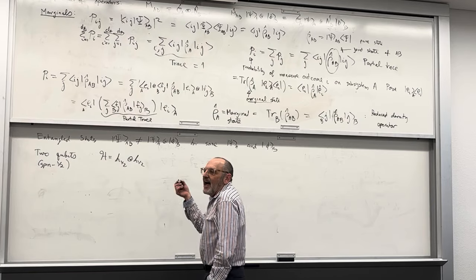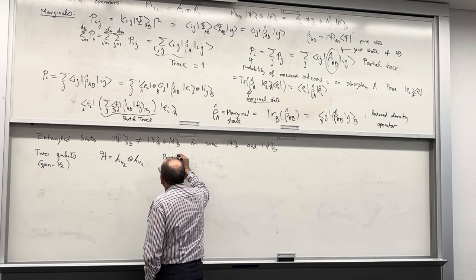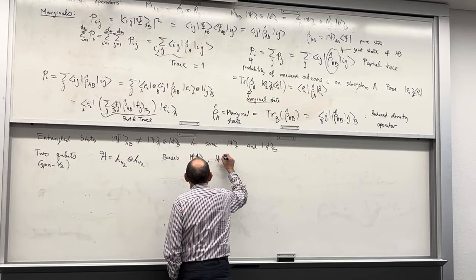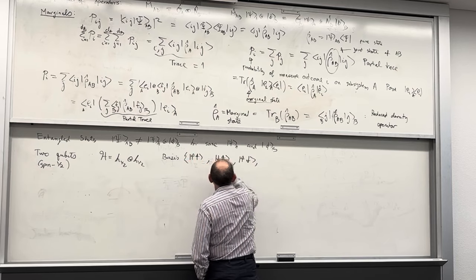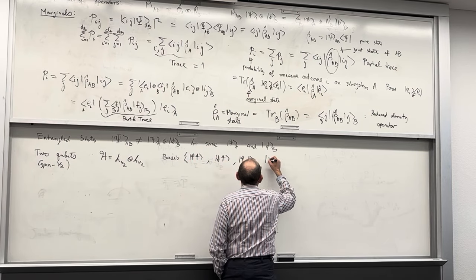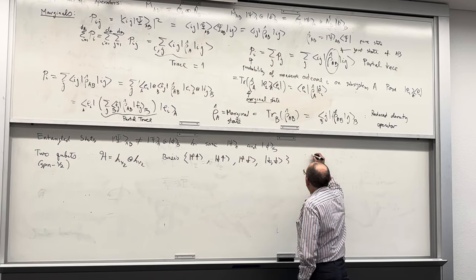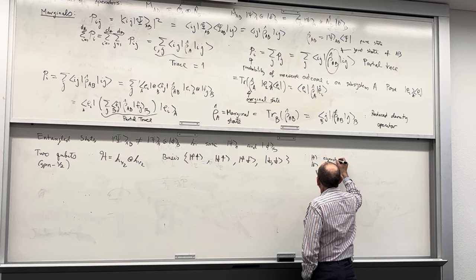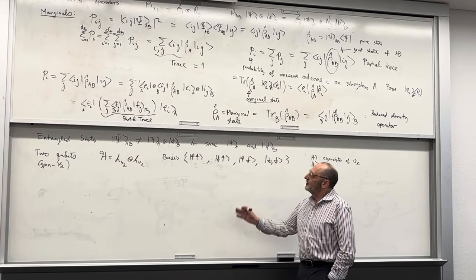And so, for example, a basis might be the four-dimensional Hilbert space spanned by these four vectors, where this is the tensor product. Say this is up, an eigenstate of sigma z. Okay, so there's a basis.